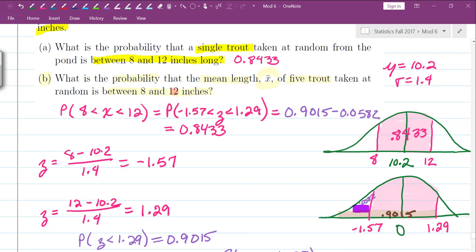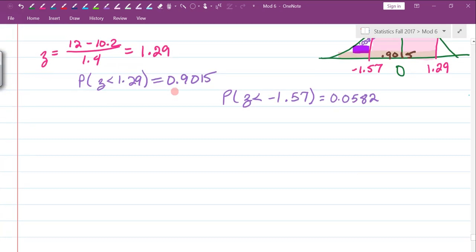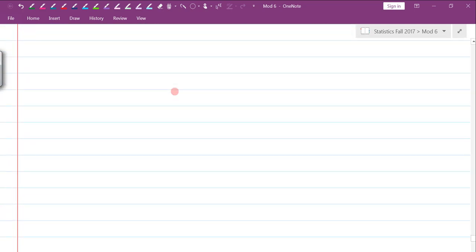So let's go ahead and look at what we have here. We have a new way of calculating z. We have a z-score that is going to be equal to x bar minus mu. Our other one was x minus mu.